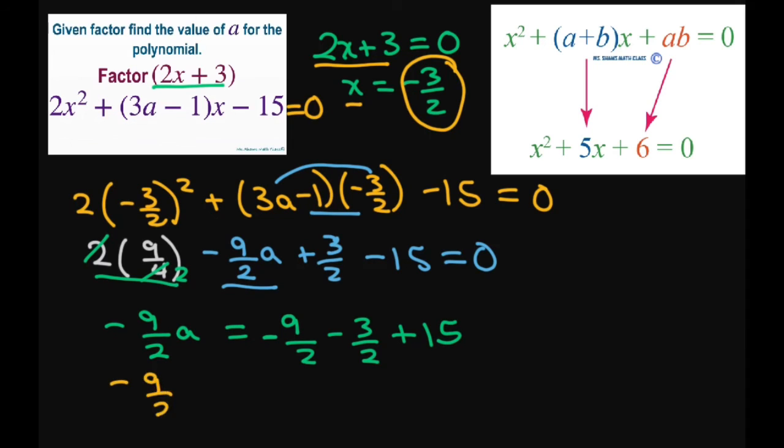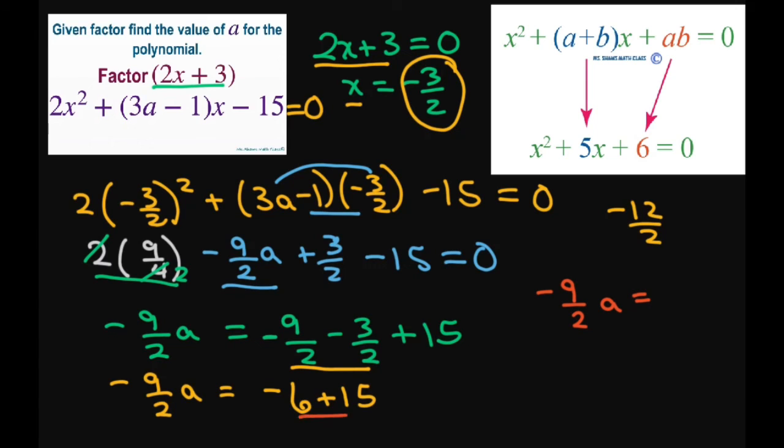Negative 9 divided by 2a equals negative 12 divided by 2, that's negative 6 plus 15. So that's going to give you negative 9/2 a equals 9. When you cross multiply, you're going to get a equals negative 2.